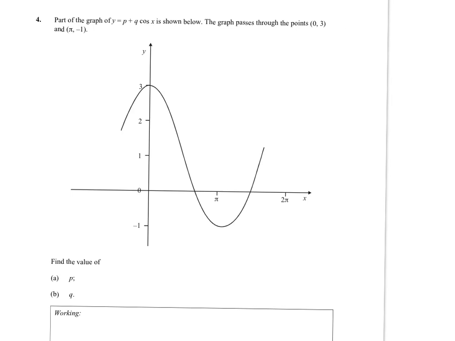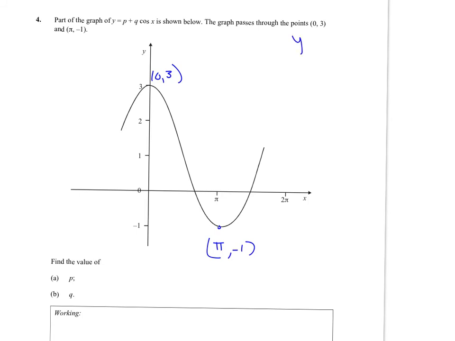Okay, so for our last problem, it tells us that part of the graph y equals p plus q cosine of x is shown. It tells us the graph passes through (0, 3) and (pi, negative 1). So we can go ahead and label those.